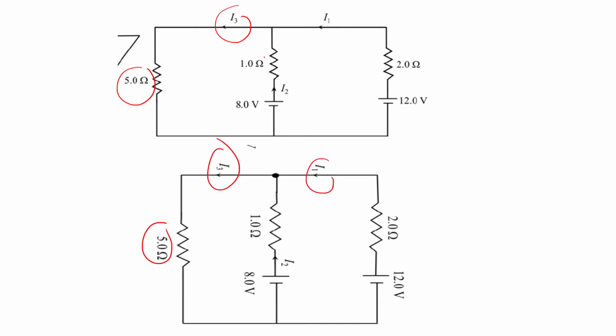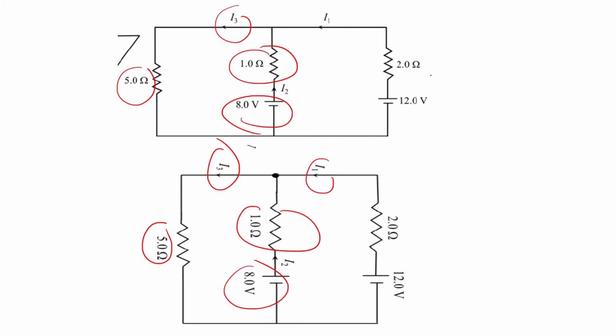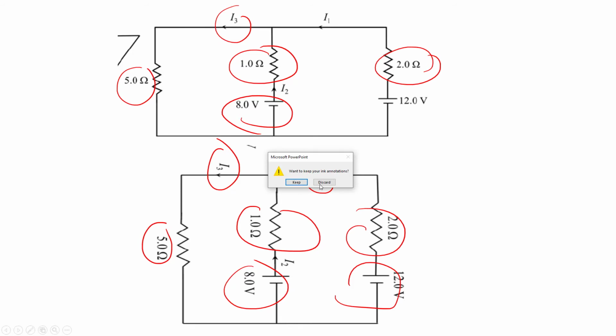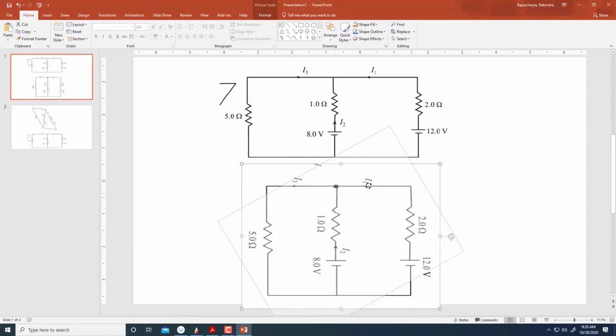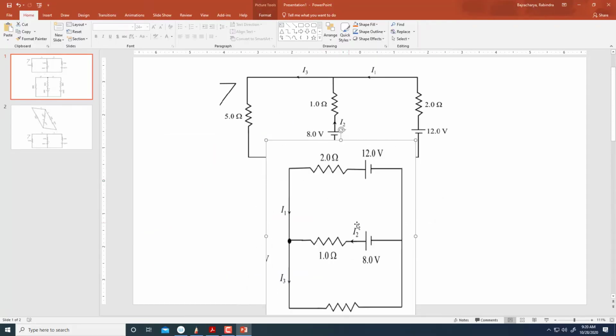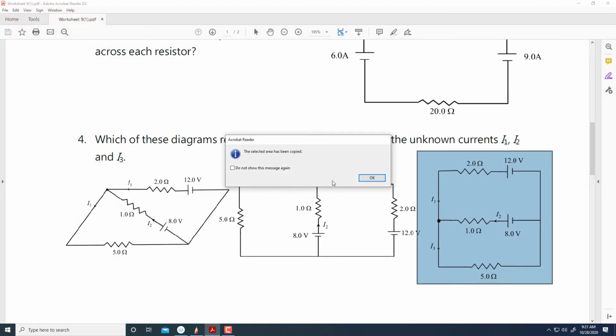So basically it's the same: 1 ohm, 1 ohm, 8 volts, 8 volts, 2 ohms, 2 ohms. It's just rotated like that, but they are the same. So all three circuits are the same.